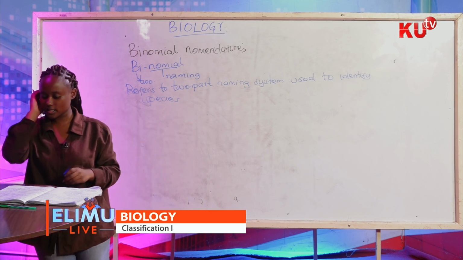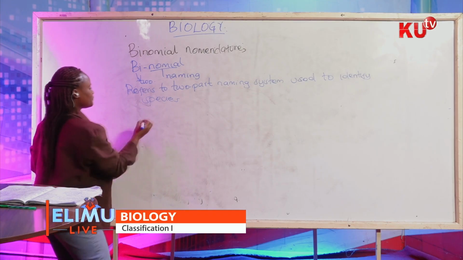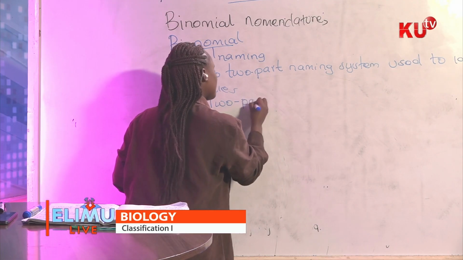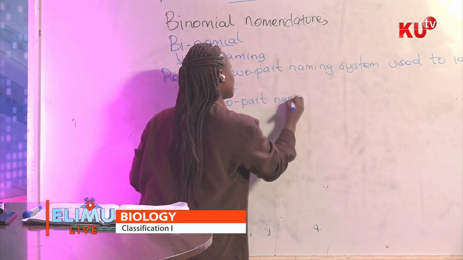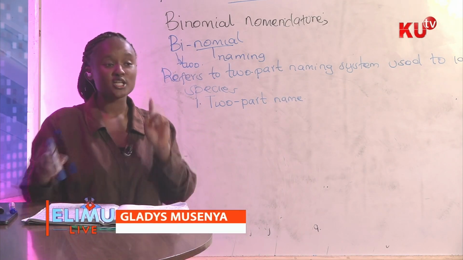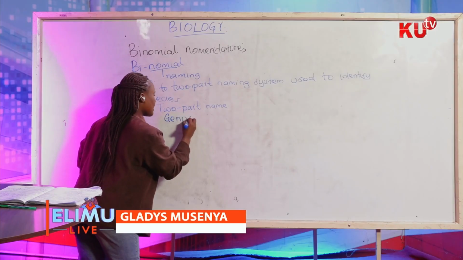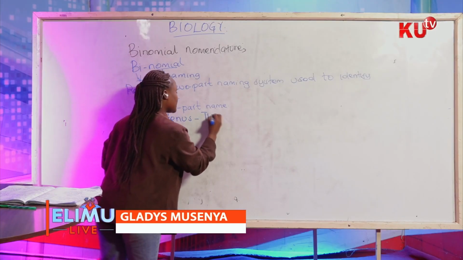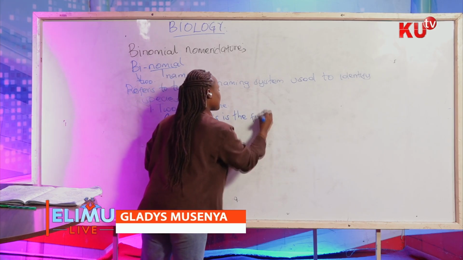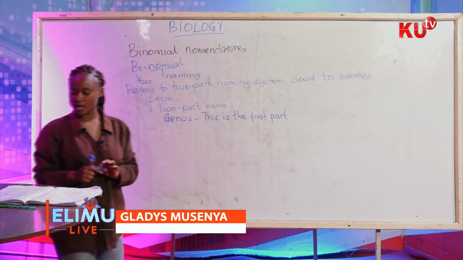So in this binomial, we have a two-part name. In the two-part name, we have the genus, which is the first part.